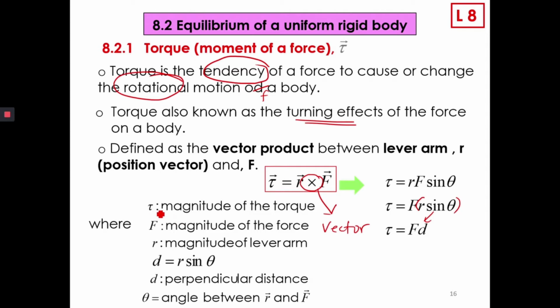Tau is the magnitude of the torque, F is the magnitude of force, and r is the magnitude of the lever arm, which is the distance from your pivot to the force applied. So when you apply force here, this will be your r, the distance from pivot to force applied. d is r sine theta, where d is the perpendicular distance. Theta is the angle between r and F.